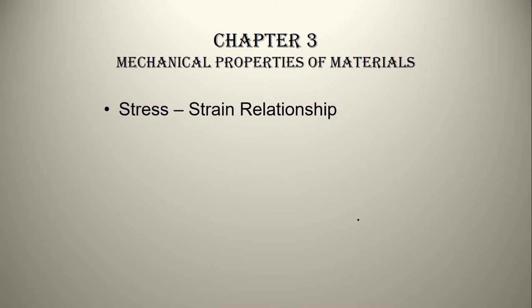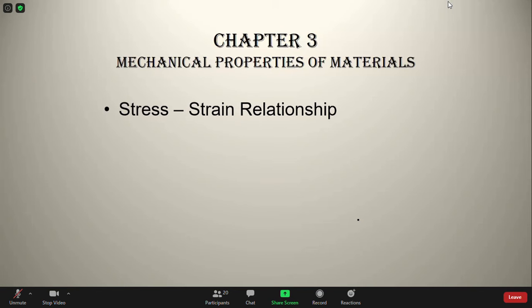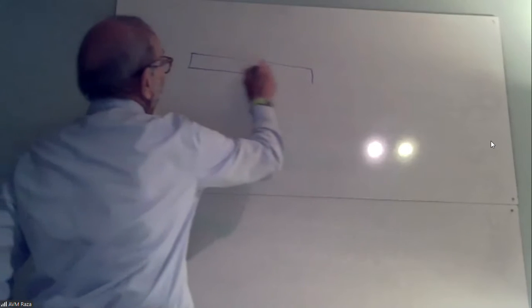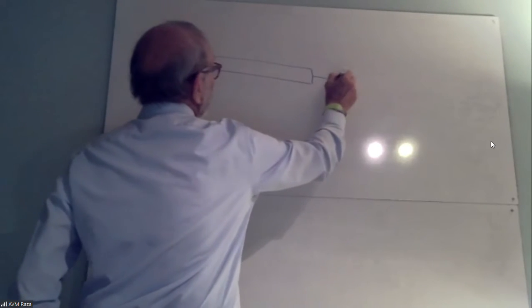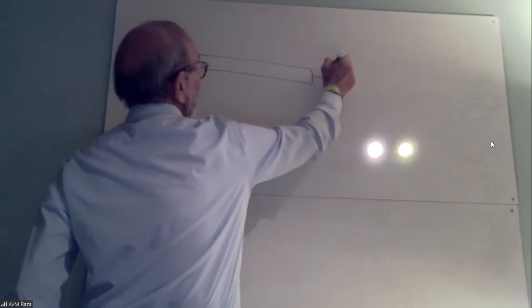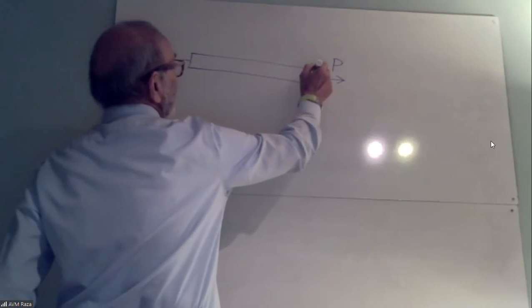We have talked about this in chapter 1 and chapter 2, that suppose I have a member and I apply a load on this. And this load, let's call it P, and the cross-sectional area is A.